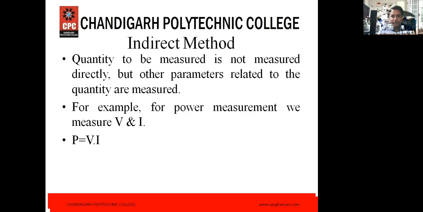And if we want to measure power of any signal, then firstly we have to measure its voltage, and secondly we will measure current, and after making the product of V into I, we can calculate power. This is the indirect method. Rather than measuring power directly, we will measure power indirectly by measuring voltage and current.